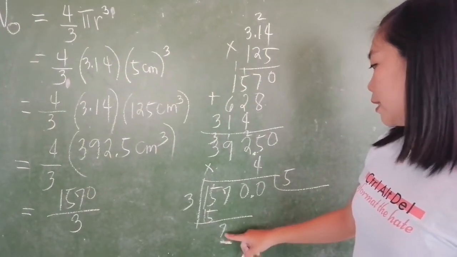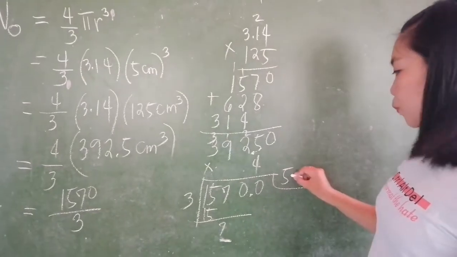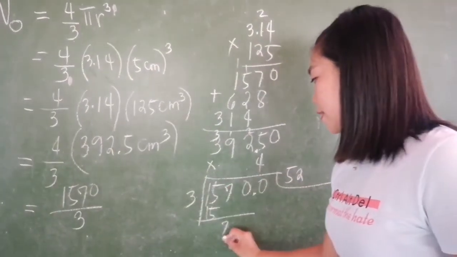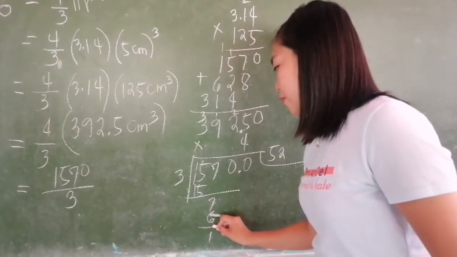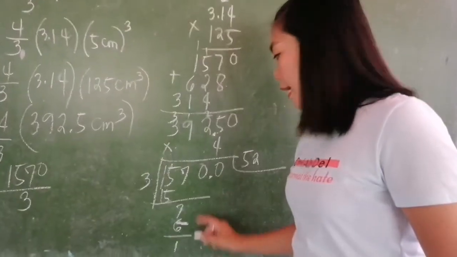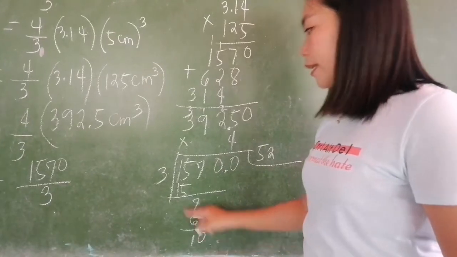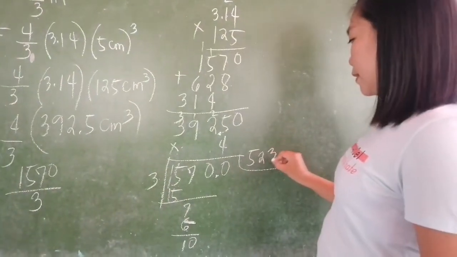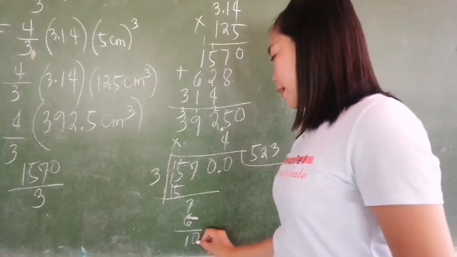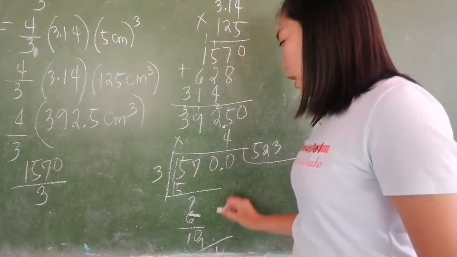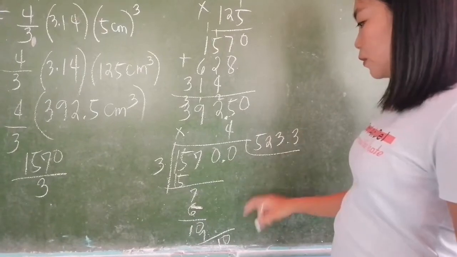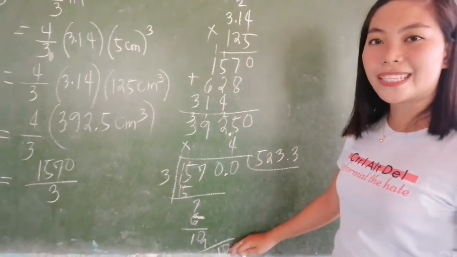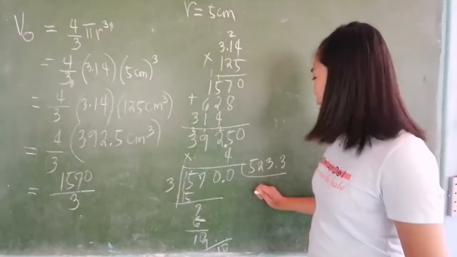Then, 7 divided by 3, you have 2. 2 times 3 is 6. Bring down 1. 7 minus 6, I mean, is 1. Bring down 0. So, 10 divided by 3, you have 3. 3 times 3 is 9. Then, 1, another 0 at cipher. So, 10 pa rin. So, ang tawag na po natin dito is repeating decimal.